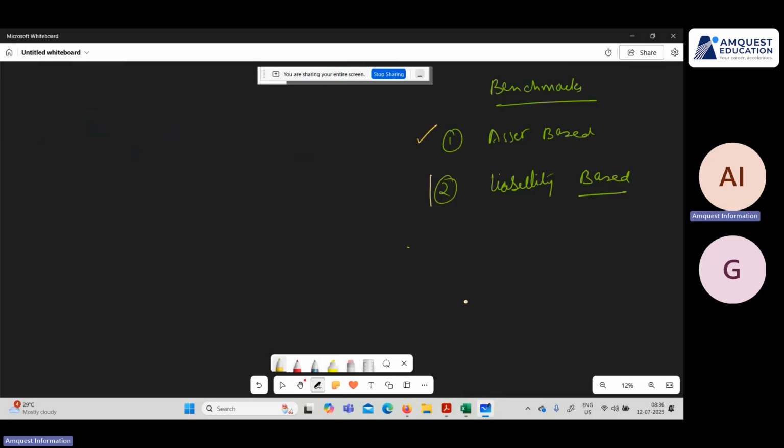The name explains liability based. So the major objective of using the liability based benchmark is to fulfill a liability. Okay. What that liability could be?